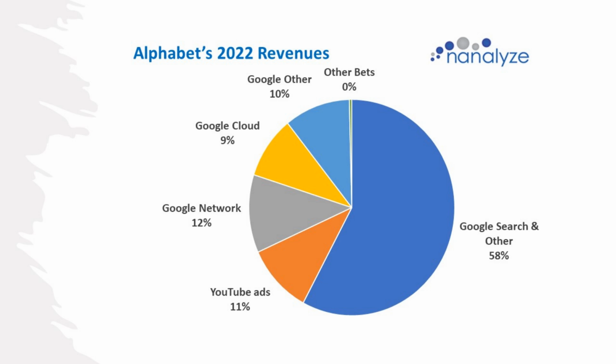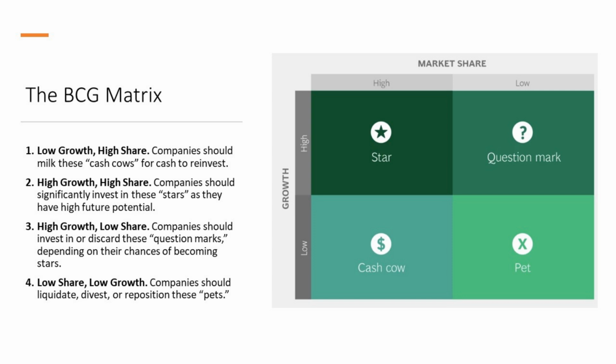Again, not very helpful. Now, when we look at how Google operates, they're a classic example of something you learn in business school, which is called the BCG Matrix. And here you can see it on the right. So there's growth. You have low growth, high growth, and along the top, their market share, high and low. When you have a low growth, high market share item, that's considered to be a cash cow, and then that funds the other businesses that you're developing.